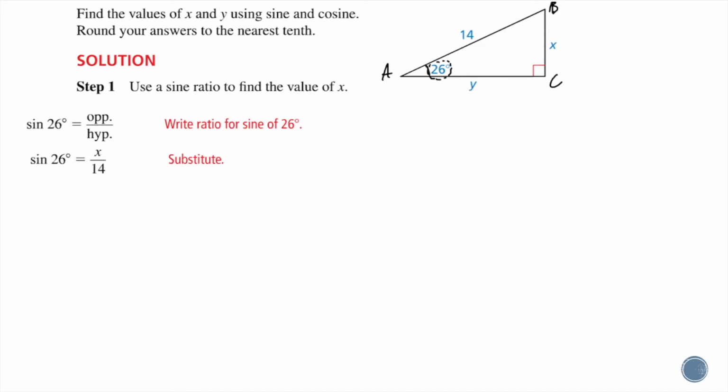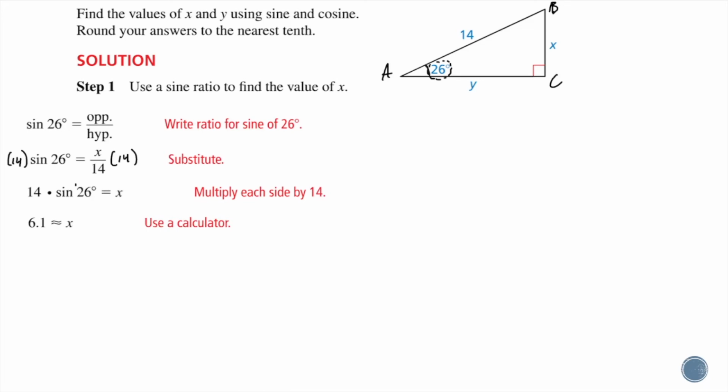Substituting those values, I have sine of 26 degrees is equal to x over 14. Going to multiply 14 on both sides to solve for x. And using my calculator, you're going to type 14 times sine.